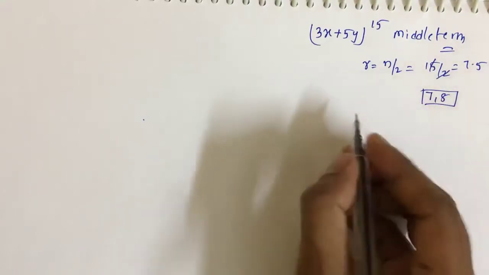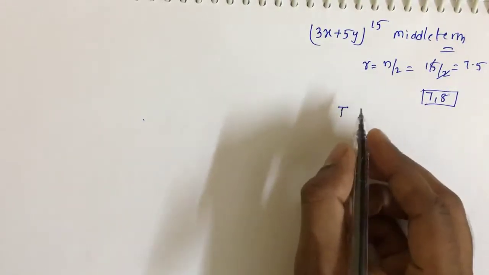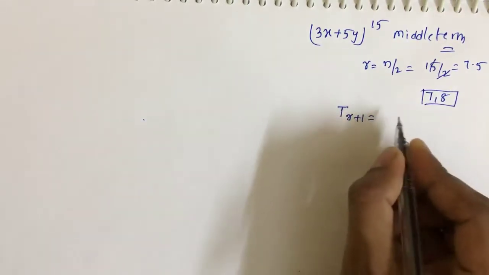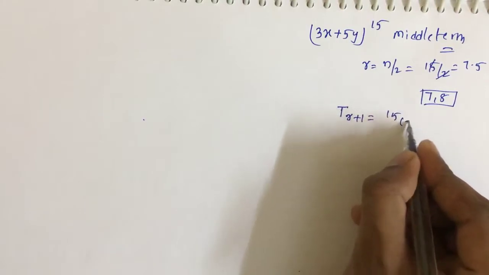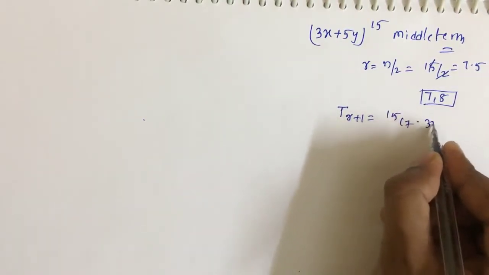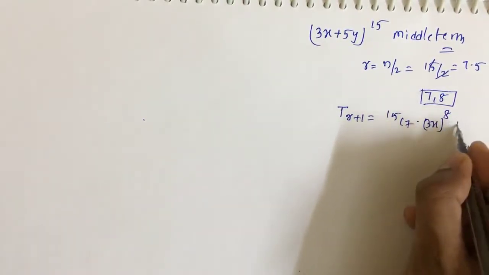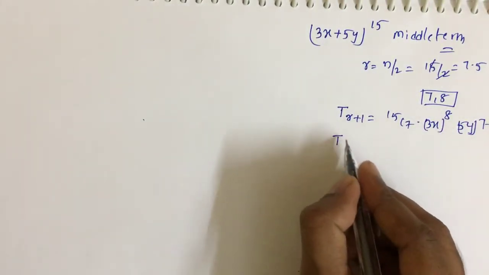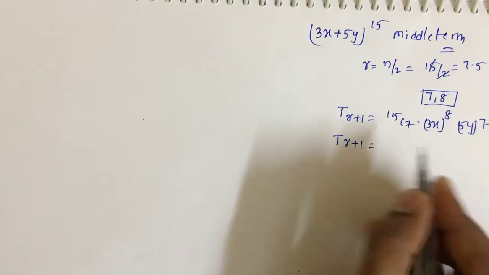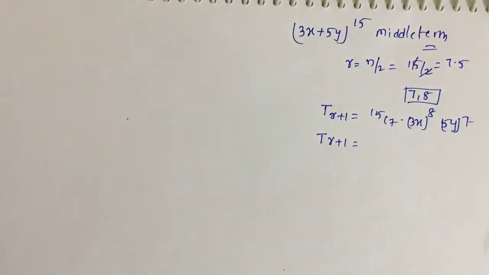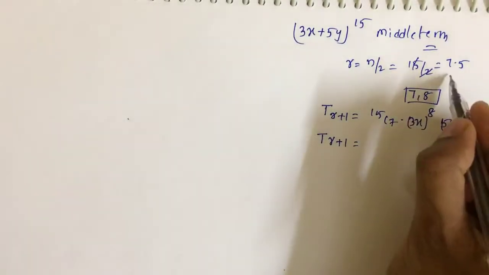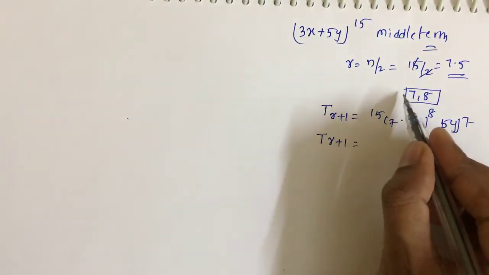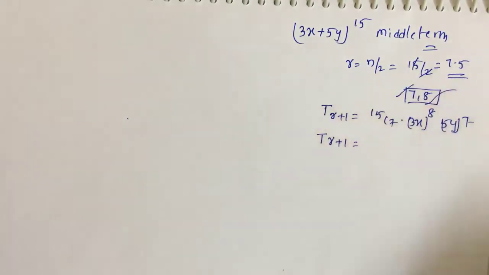Okay, now this will be T(r+1) equals 15C7 (3x)^8 (5y)^7. And we also write in another form: when you are getting the value 7.5, in that case you have to take the possibility 7 as well as possibility 8.